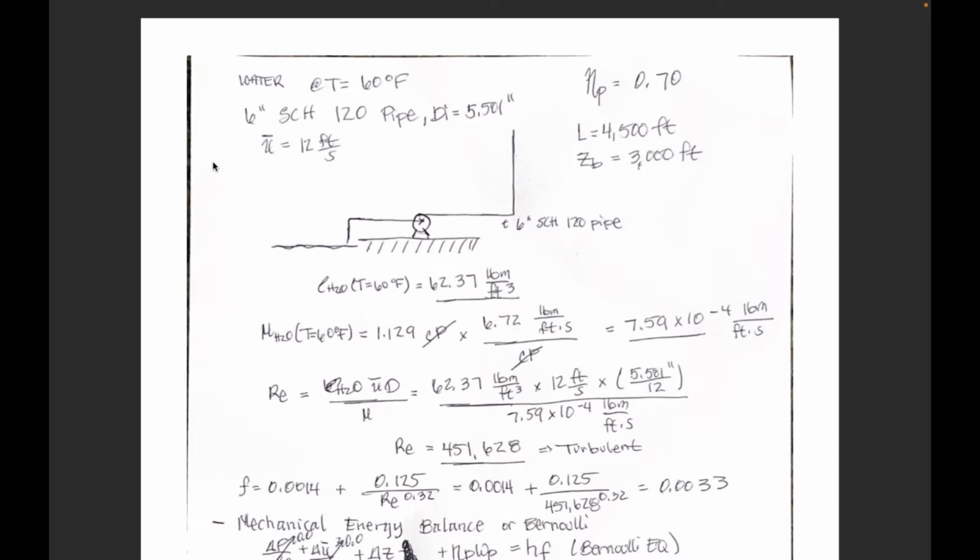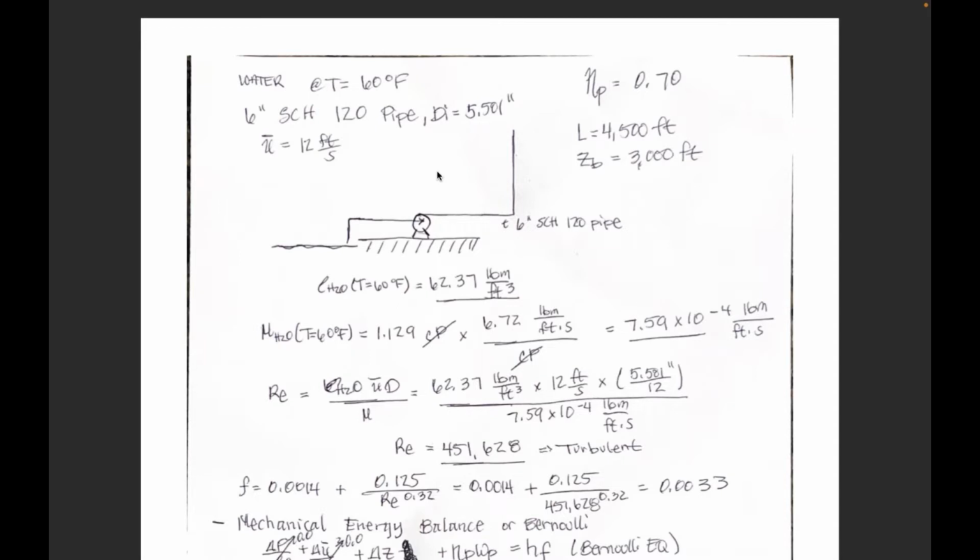That's the average because we know velocity decreases as you go further along the pipe. So you just take the average of those to get 12 feet per second. I don't know which average, but it is an average.